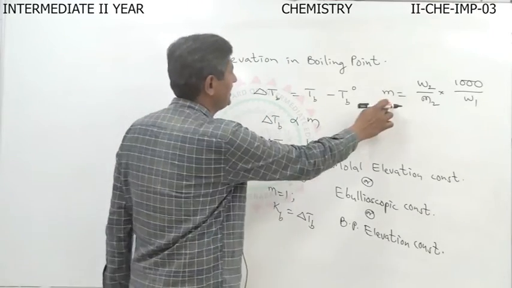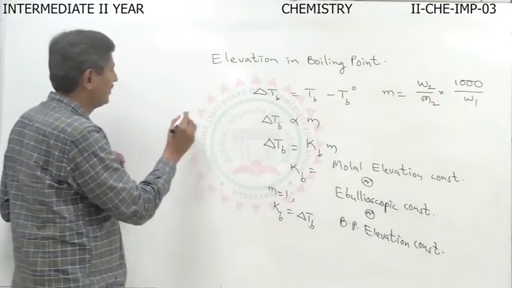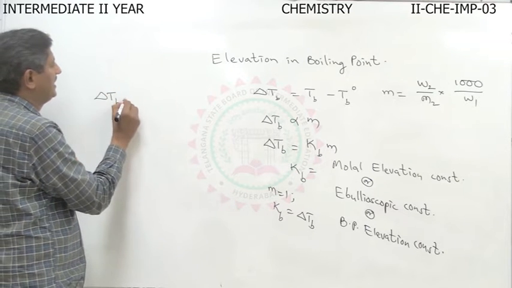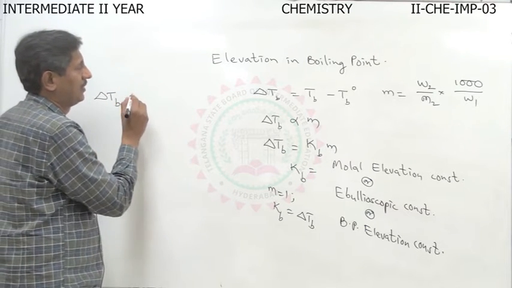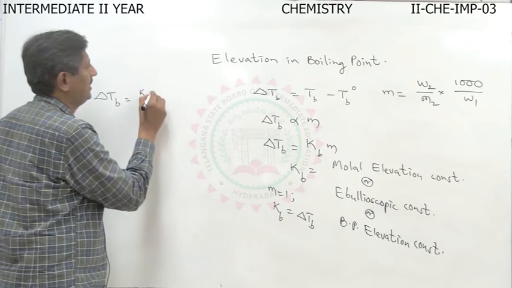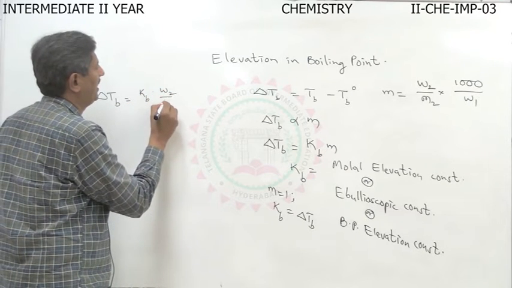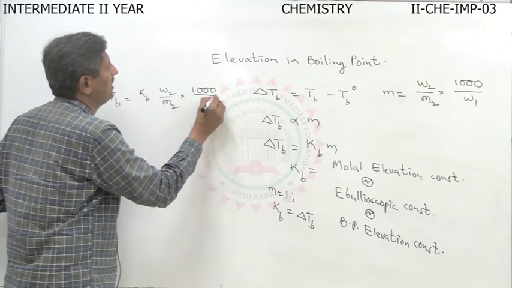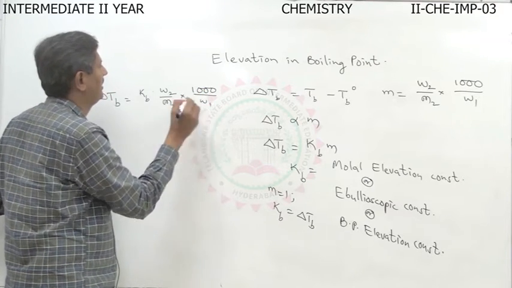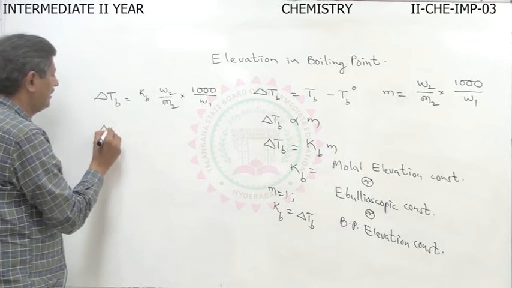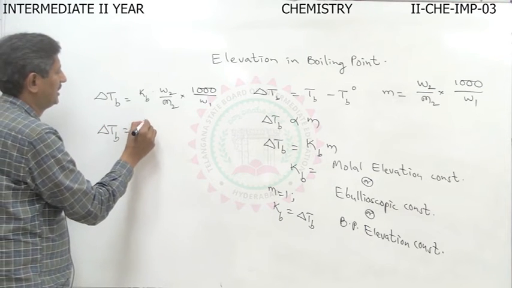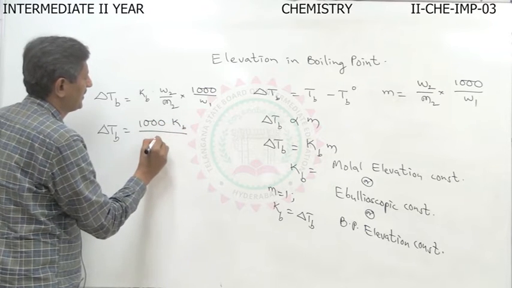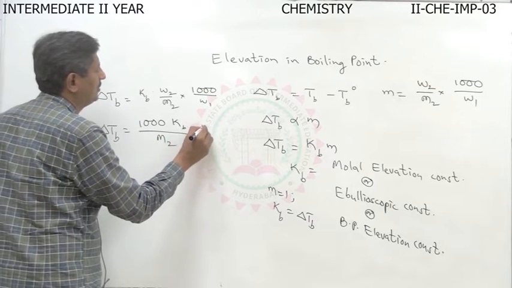To substitute this m in the equation, we get delta TB is equal to KB W2 by M2 into 1000 by W1. This can be written as delta TB is equal to 1000 KB W2 by M2 W1.